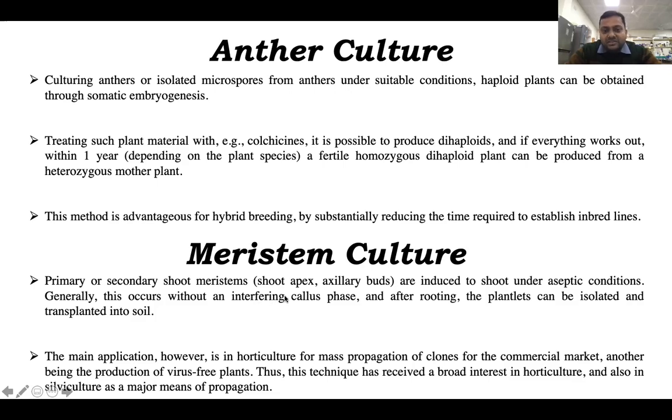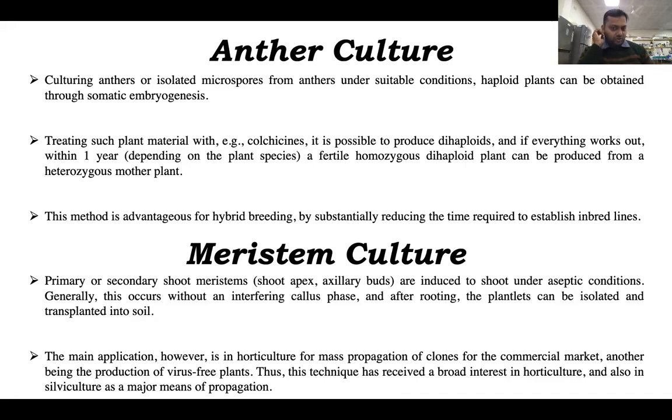Then another one is meristem culture. Here we don't do any kind of callus formation, anther, or cell suspension culture. We just take the shoot meristem part, the shoot tip or axillary buds, and allow it to grow under aseptic conditions, which occurs without an interfering callus phase, and this results in the development of a meristem culture.